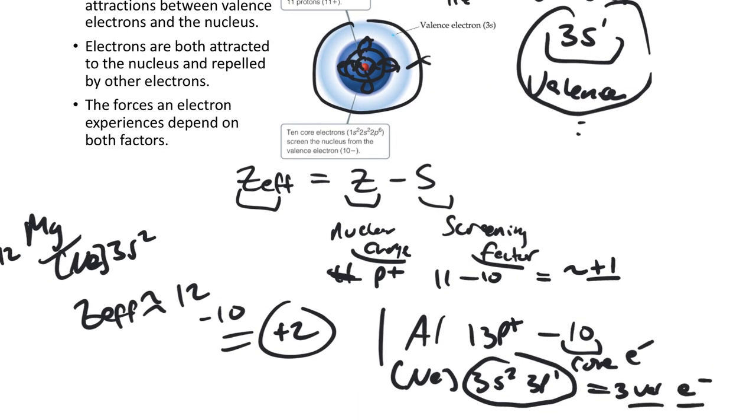Valence is the outermost shell. The outermost shell for aluminum is the n=3 shell, so all 3 of those electrons count towards the valence. And so with a constant core, we now have an effective nuclear charge of approximately +3.